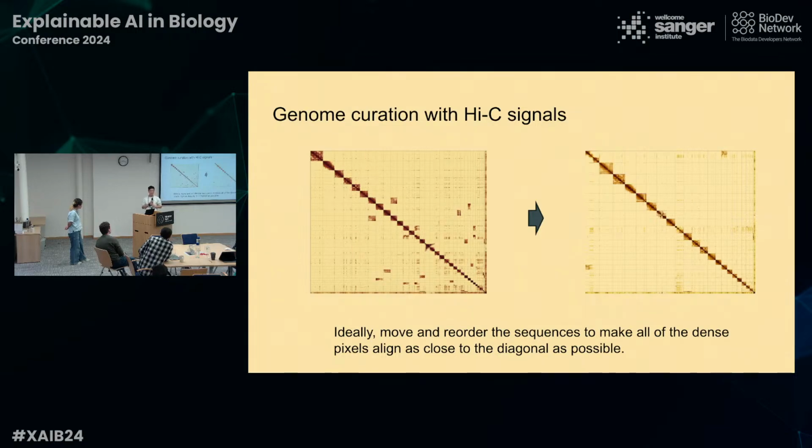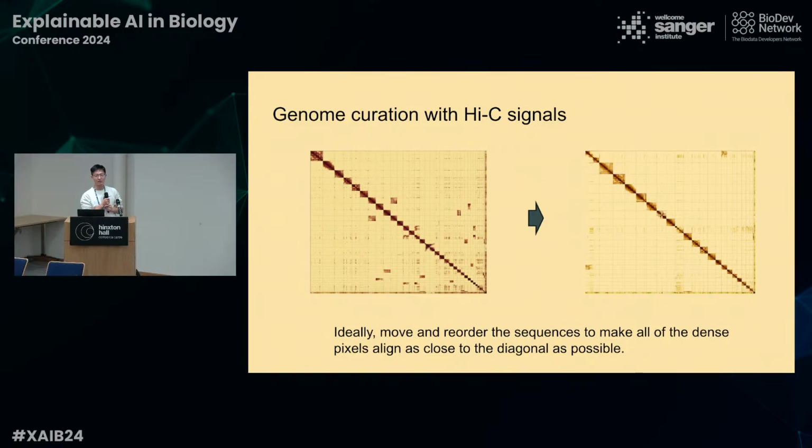That is the simple description of this project. After the curation, on the other side, we get a curated Hi-C map, which is much more tidy. This project uses AI to do this automatically instead of doing it manually one by one. The AI can read all of the Hi-C map and do this in just 1 second.